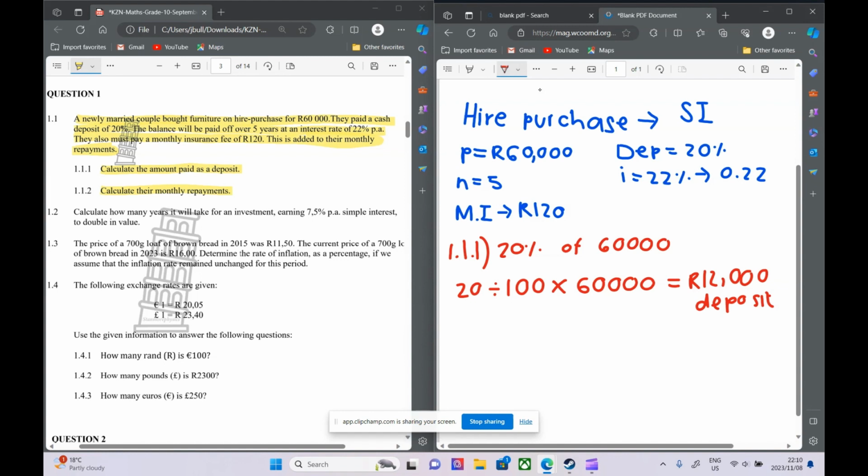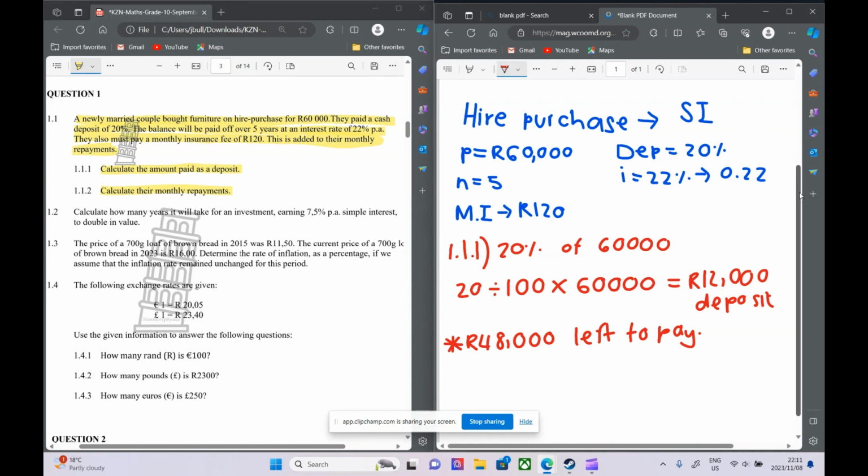This isn't part of the question, but let's make a note for ourselves. That means they have 48,000 Rand left to pay. That's what they still owe for that furniture, but that's not including interest, and that's not including the monthly insurance.